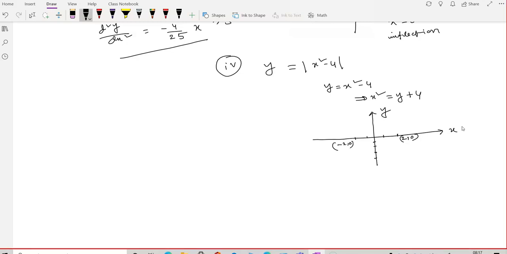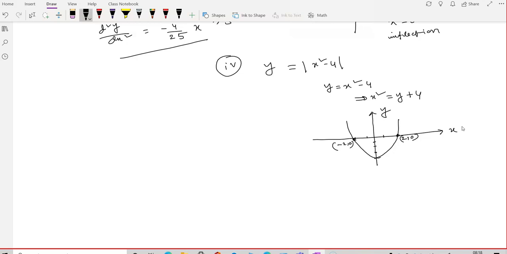So if we plot the graph of y equal to x square minus 4, when x is 0, y is minus 4. The graph is almost like this. This point is minus 2, 0. This point is 2, 0. The graph will open upward.